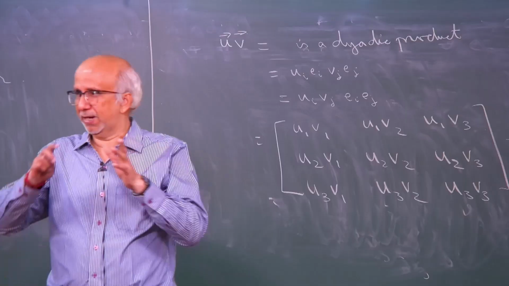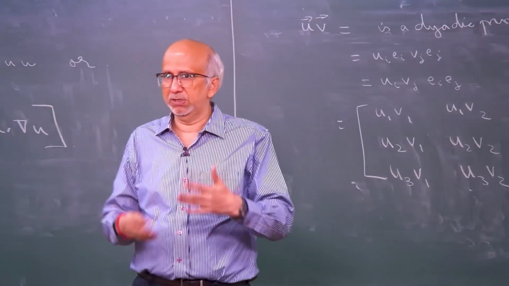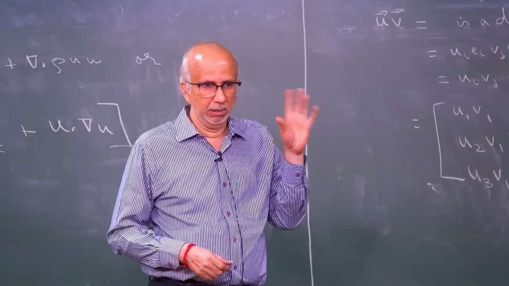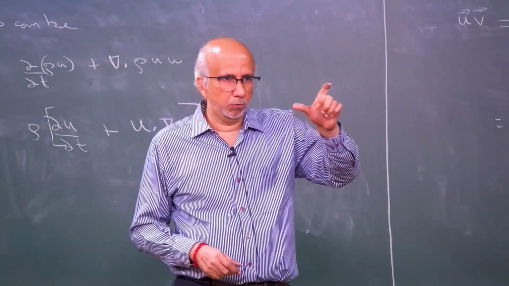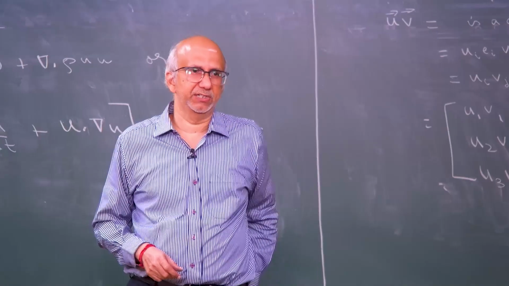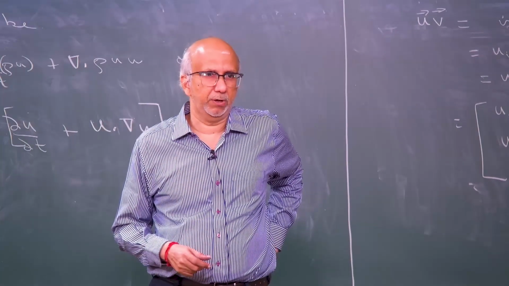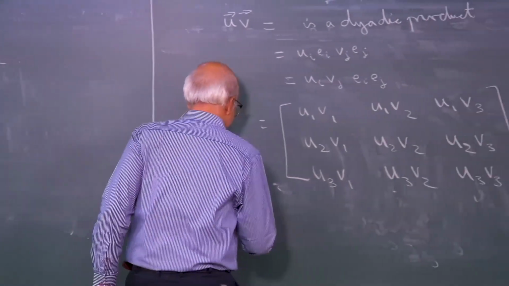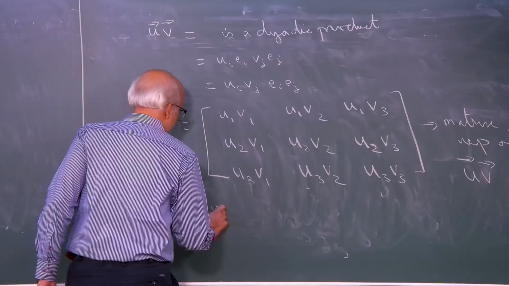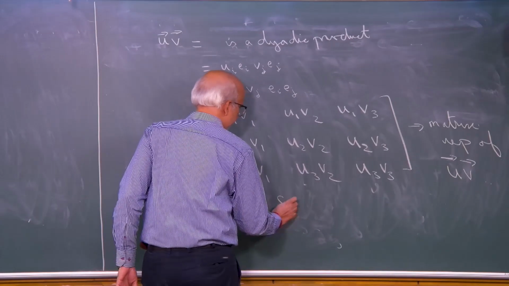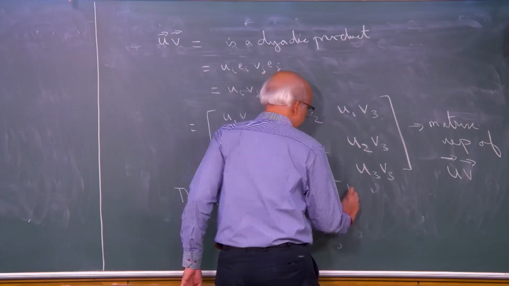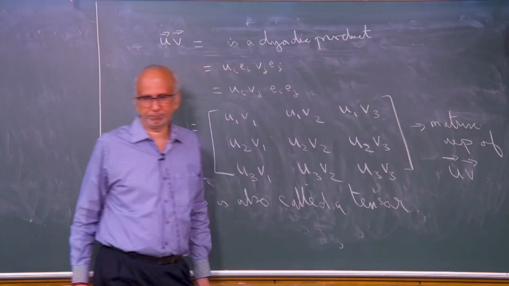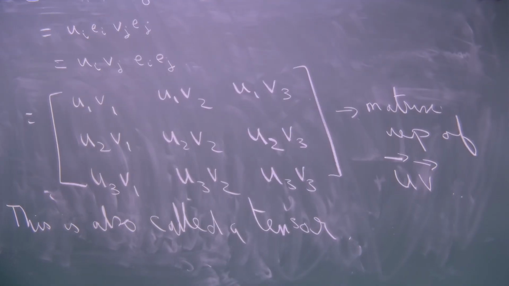Then you can understand in the matrix form what is the meaning of symmetry. We will talk about the symmetry later. I want you to understand both these representations of this dyadic product, and this thing is also called a tensor.